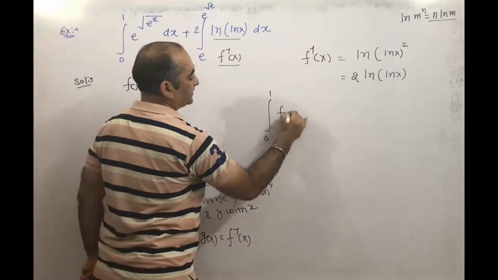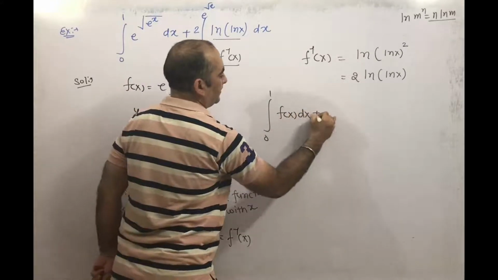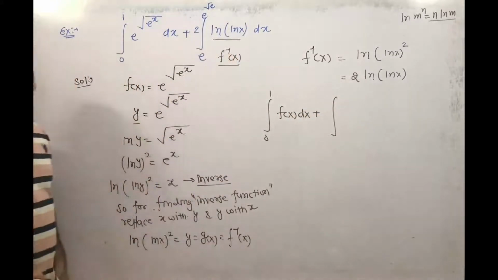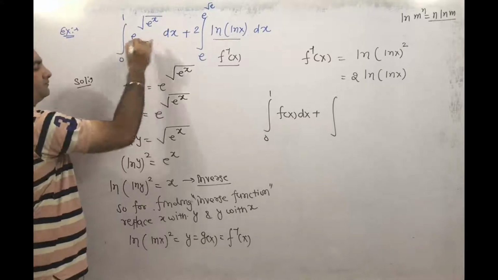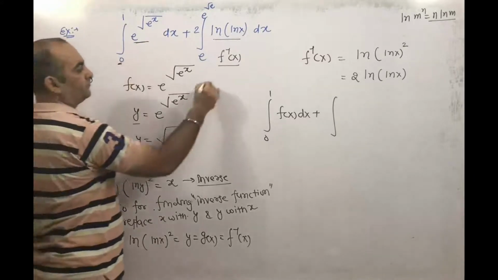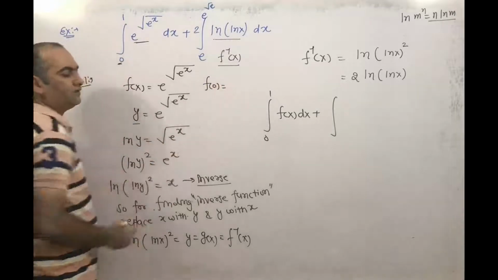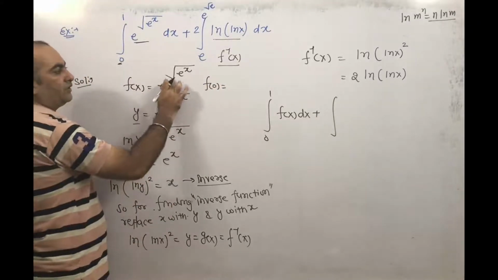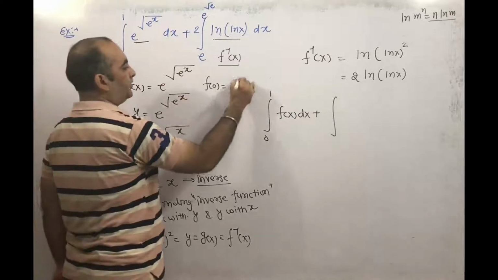f(x) dx plus the integration of f inverse x dx. See, f(x) is this one. First, what is f of 0? f of 0 is e power root over e power 0. e power 0 is 1, so e will come. Next, if you put 1 here, f of 1 is e power root over e.